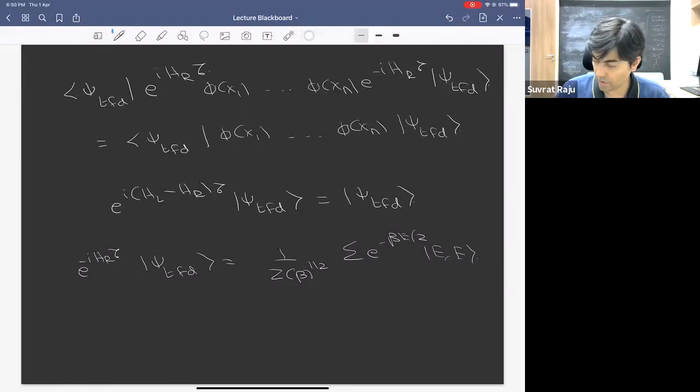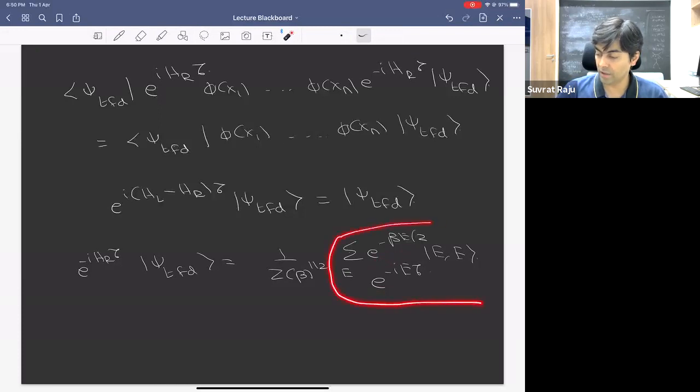I hope I kept my signs consistent. If I just act with e to the minus i H_R tau, all I get are some phases. Earlier I just had e to the minus beta E by 2 times e to the minus i E tau, times a phase of 1, and now I have some phases here, and these phases are all that this action does.